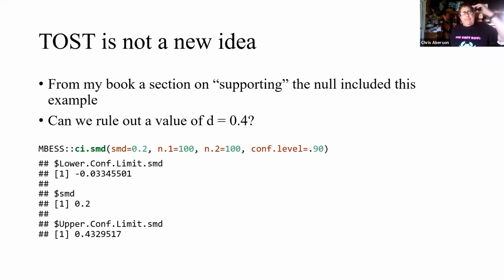In my book on power, I had a section that focused on supporting null hypotheses, and the procedure that I suggested was a confidence interval around the standardized mean difference to see if you could rule out that effect size of interest. And that's what I've got here using the MBESS package. The confidence interval does not exclude my value of 0.4, so I would fail to reject. Same approach, same exact results. Daniel Lakens just marketed it better.